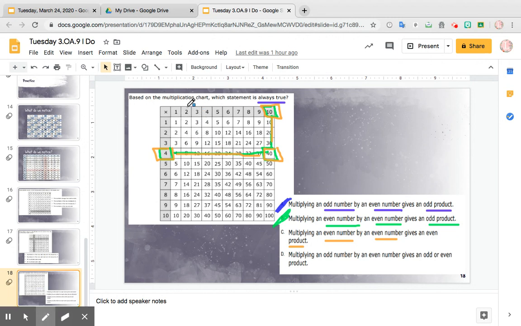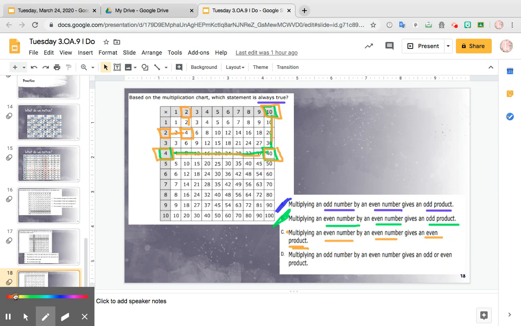So an even, let's just do 2 times 2. Those are both even. And they're saying I should get an even product. Let's see. It gives me 4. And that is even. So I like C. I'm thinking C is my answer. I'm going to put a dot there because I'm liking that as my answer.